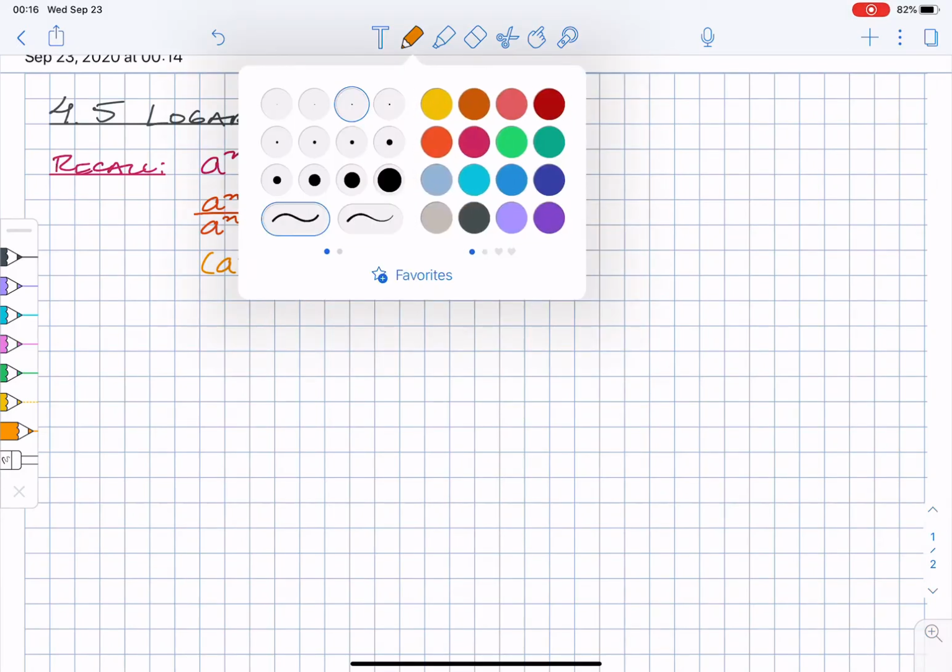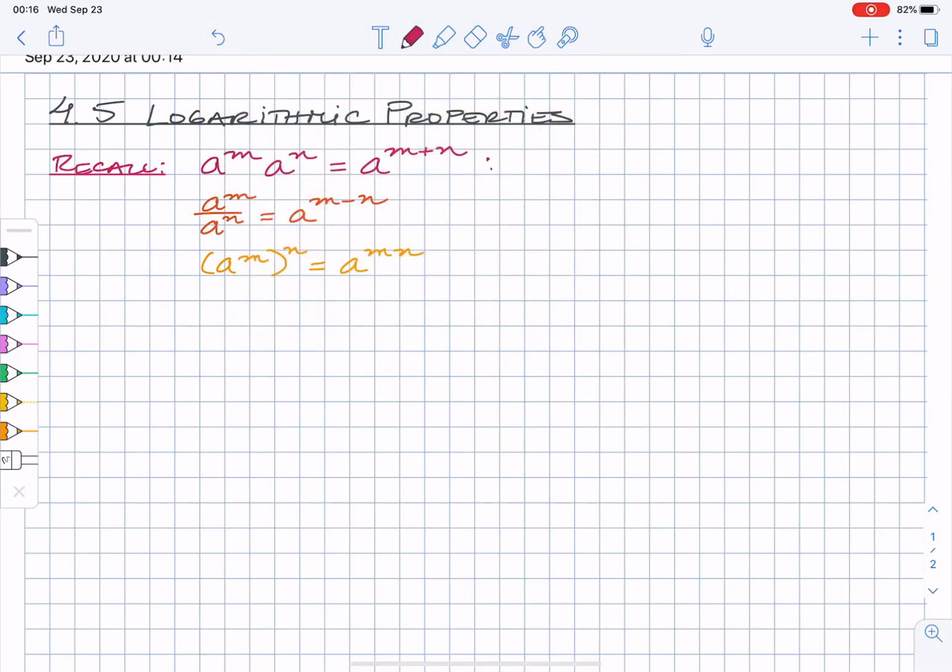Maybe I'll do quick examples. So for example, if we have 3 squared times 3 to the 5th, that's going to be 3 to the 2 plus 5, or 3 to the 7th. In the second case, let's say we have 2 to the 4th divided by 2 cubed.